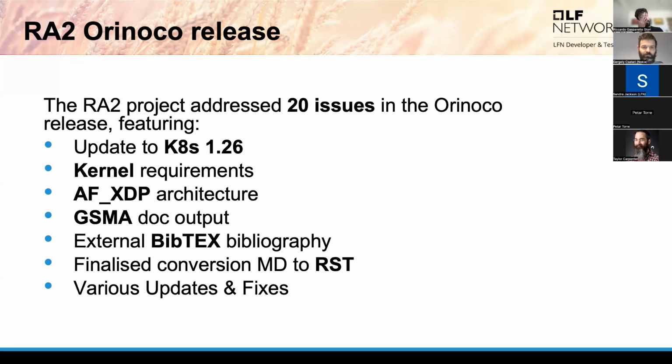We've chosen Kubernetes 1.26 as it's future-proof enough for us to include it in the GSMA document, which we're going to talk about in a minute, and then still be valid by the time that it will reach end of life. We've updated the Linux kernel requirements.